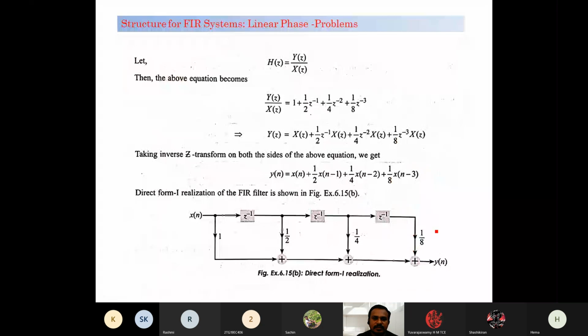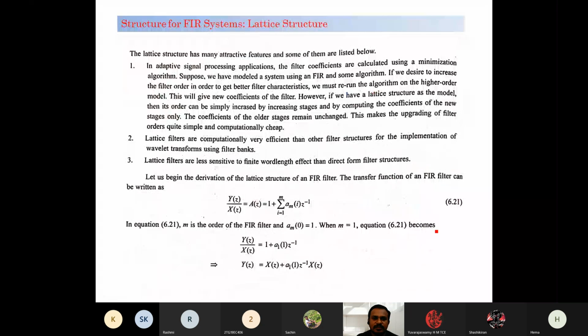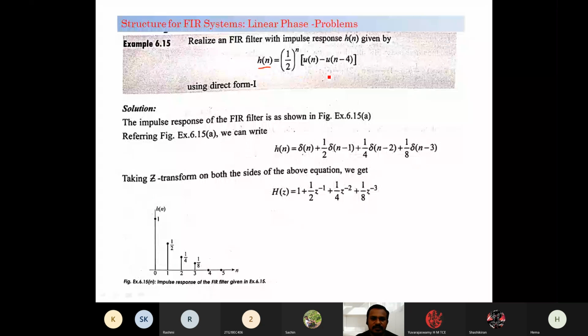In one of the examples, the impulse response h of n is given. First, we need to take the Z transform of the given impulse response.